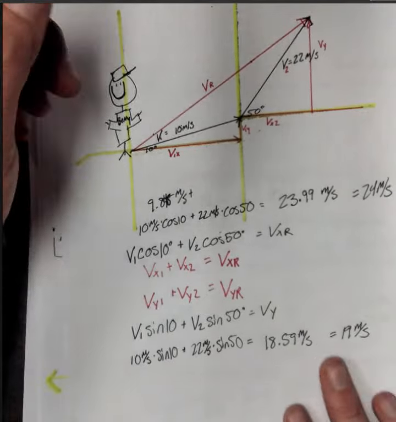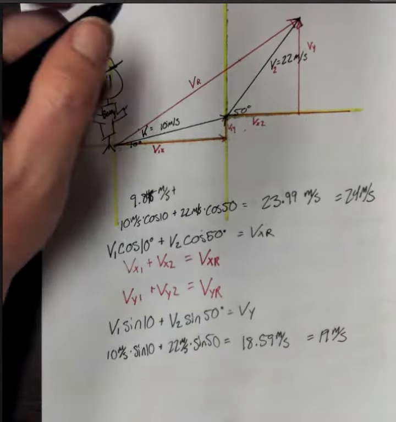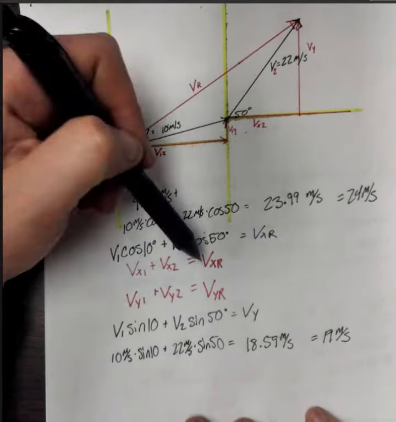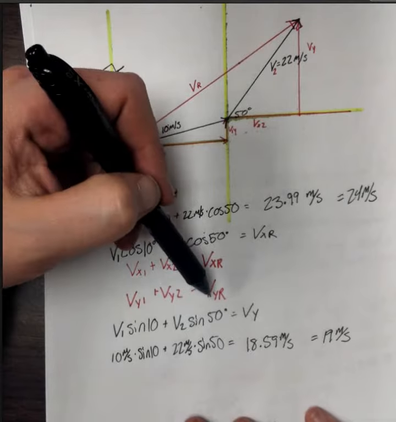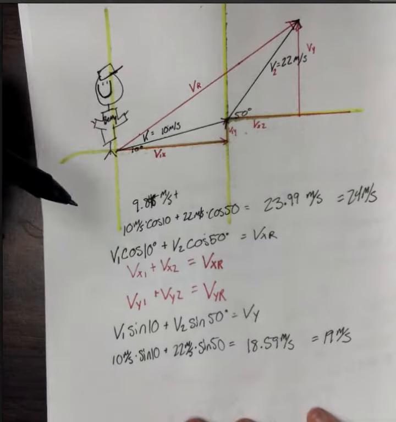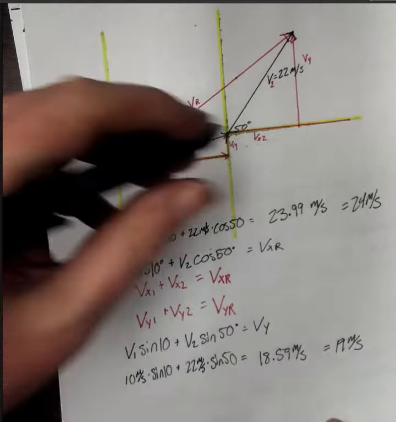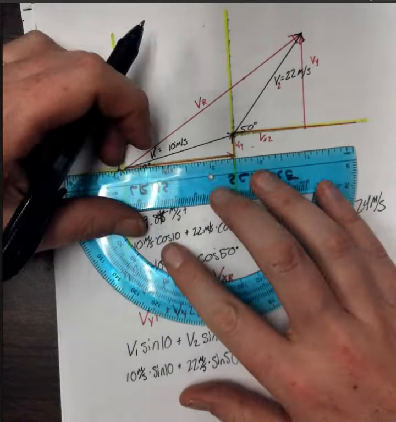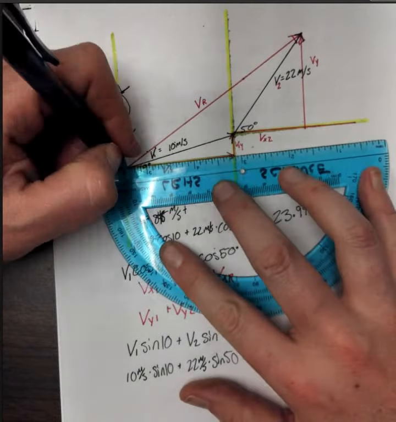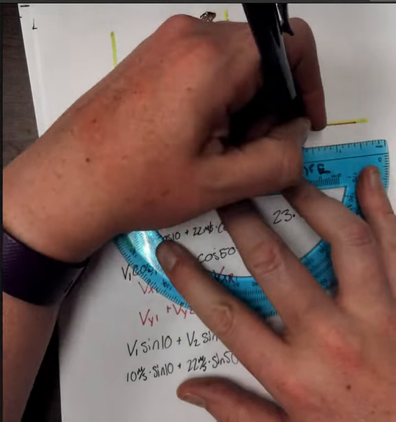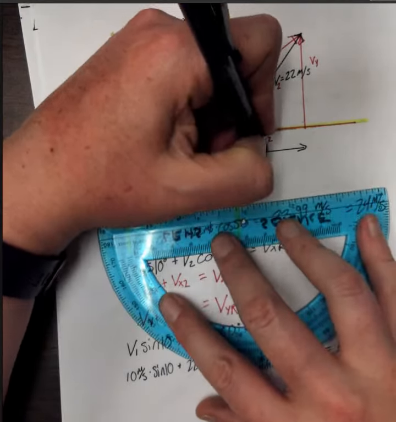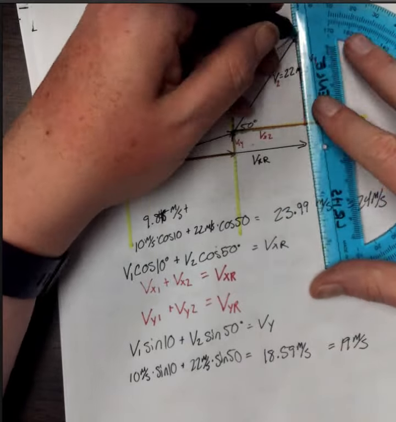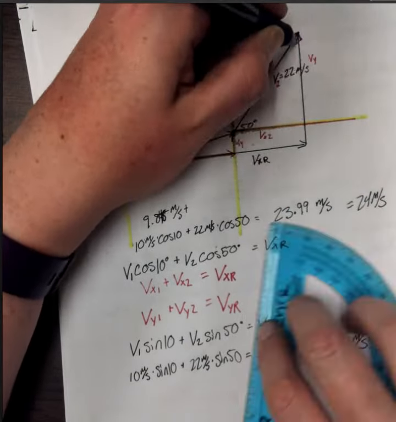So here I have found the x component of the resultant velocity and the y component of the resultant velocity. So what I've actually found is this and this.